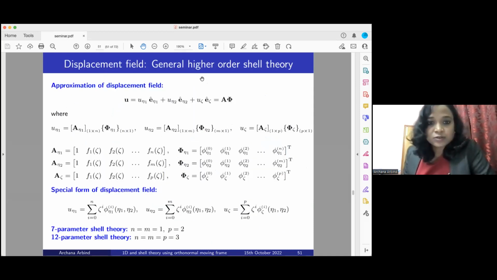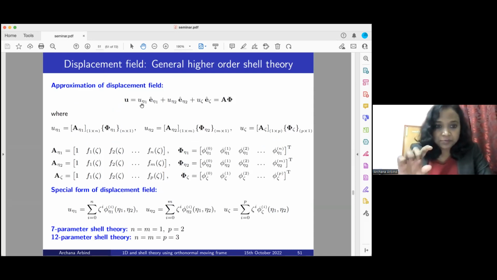So in this case also, since it is a shell theory, we approximate the displacement of the normal line at each point of the shell reference surface. In this case, the approximation basis function would be a function of zeta only, the thickness coordinate.